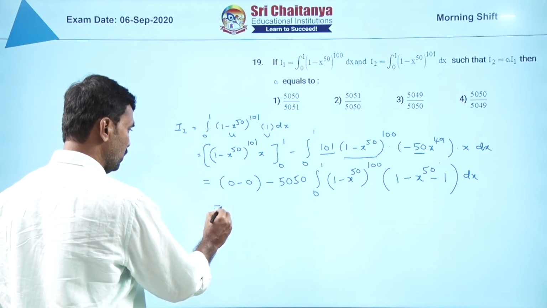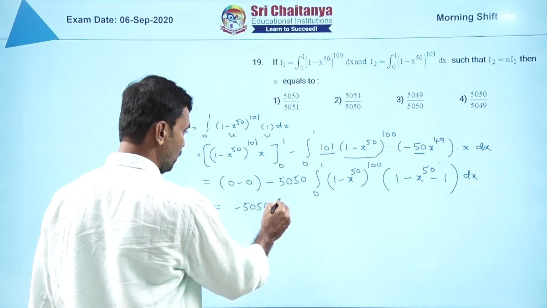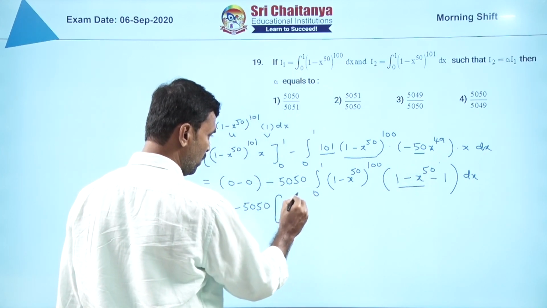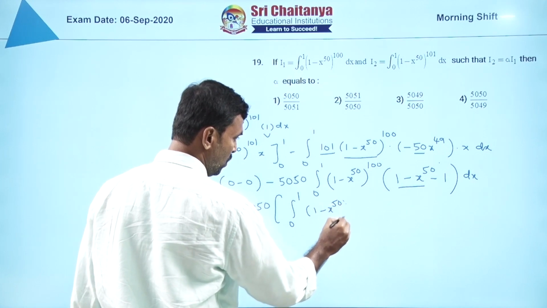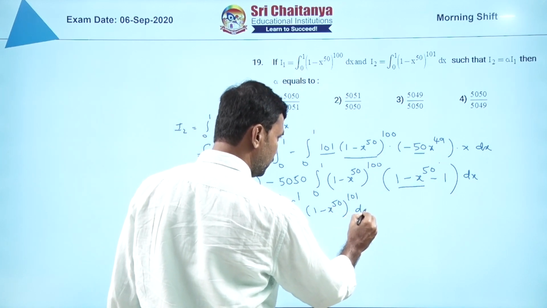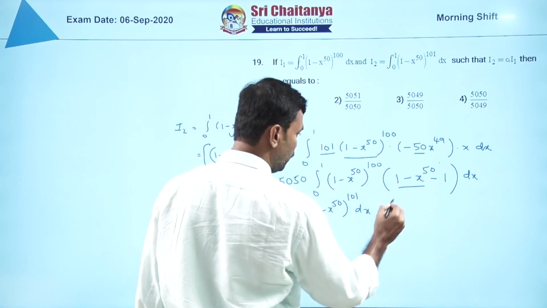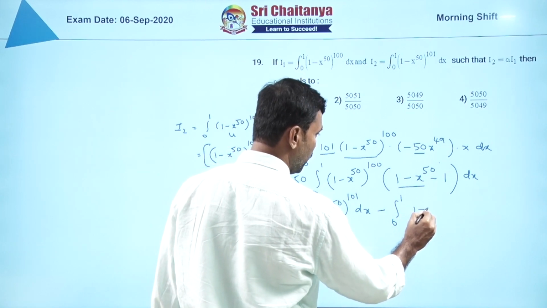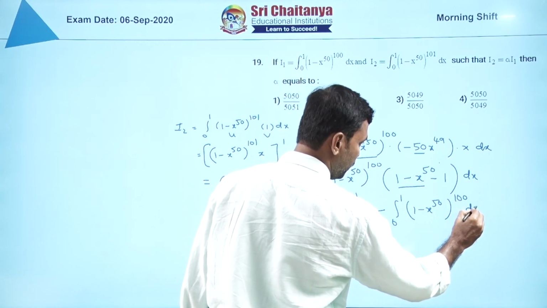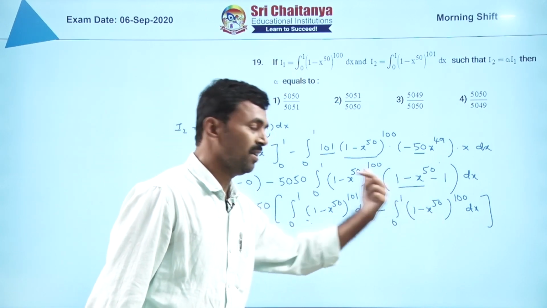Now, this is equal to minus 5050 times the integral of this into this: (1 minus x power 50) whole power 101 dx, minus integral 0 to 1 of (1 minus x power 50) whole power 100 into 1, which gives integral 0 to 1 of (1 minus x power 50) whole power 100 dx. See, if you observe, this is I2 and this is I1.